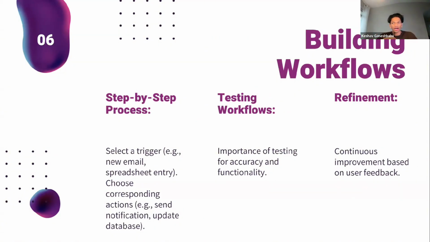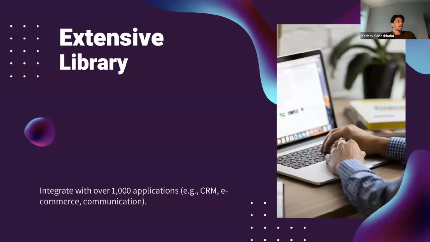There's a lot of different things you can do here. There are over 1,000 applications that you can use, and we will go over that as well. Let's just get right into it. I think that's the best way to explain the website. So let me just get it set up.